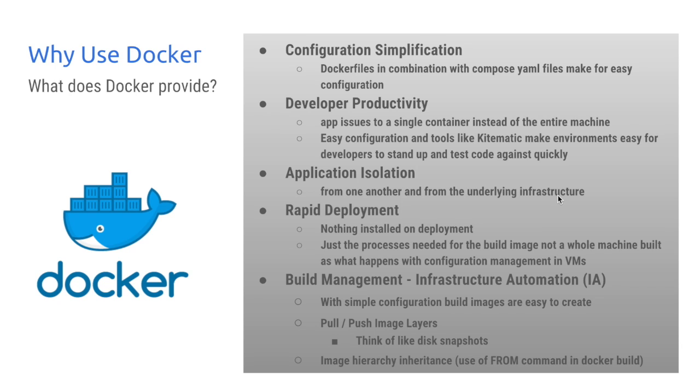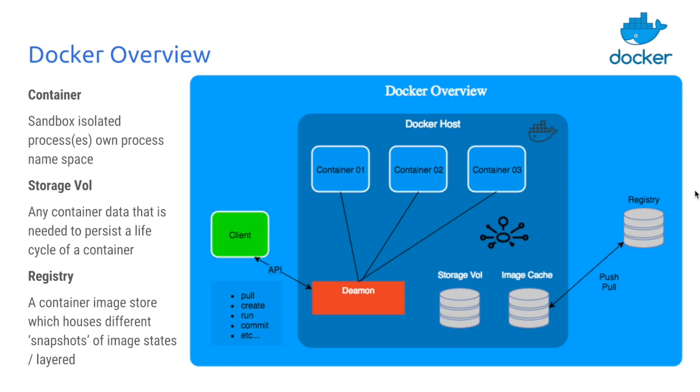I'm going to give a little overview of Docker with a diagram that I put together. This Docker overview is showing three containers, which are your sandbox, your isolated process or processes with their own namespace.